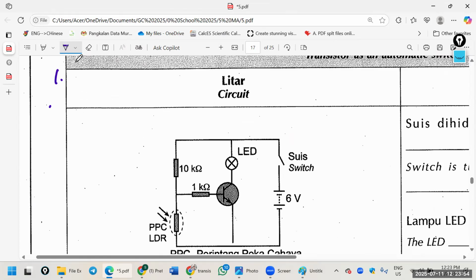Number 1, we will put the things we want to switch on in IC. If you want IC to flow, meaning it will switch on, you must have IB flow.